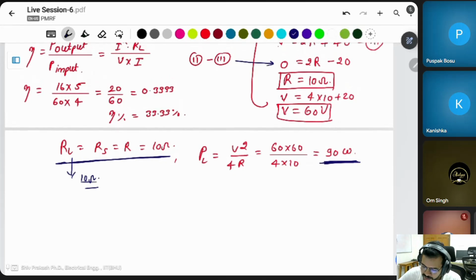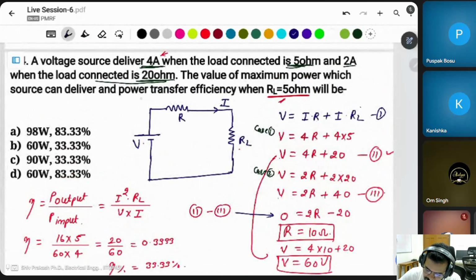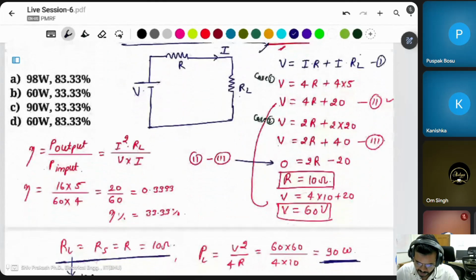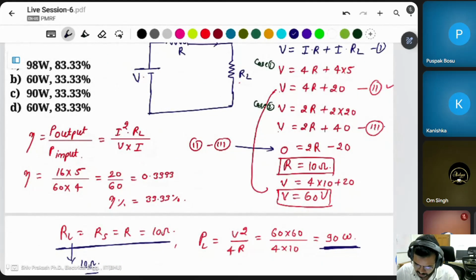But in the question it is given: what is the power transfer efficiency when RL is equal to 5 ohm? It's not about the 10 ohm resistor. Oh, now I understand, sir. Thank you. Maximum power is at the 10 ohm resistor, not the 5 ohm resistor, but the question asks efficiency at the 5 ohm resistor. That's why in this case the efficiency is 33%.